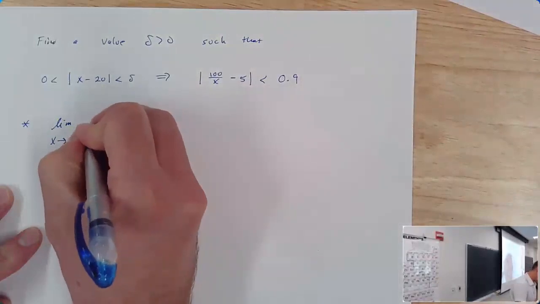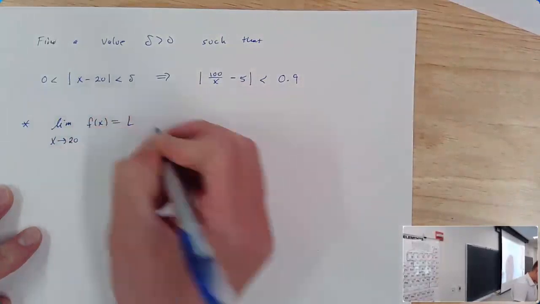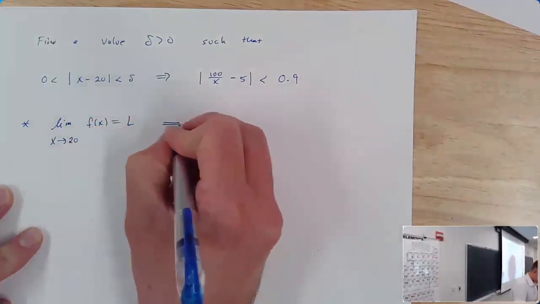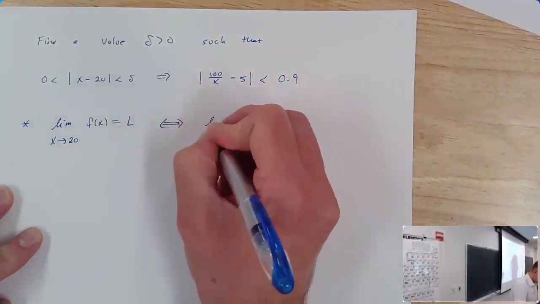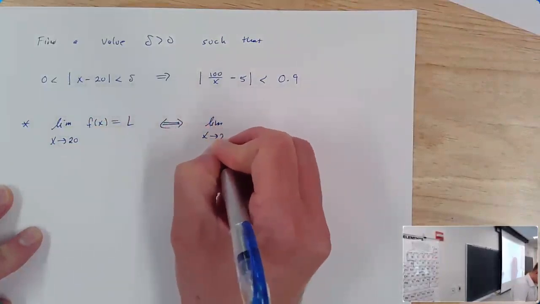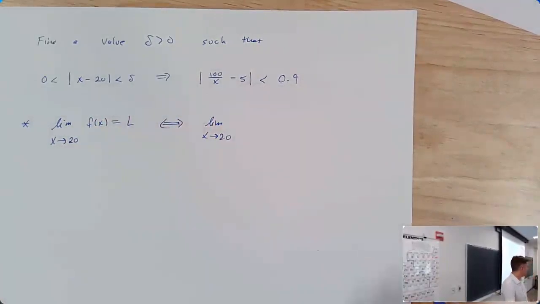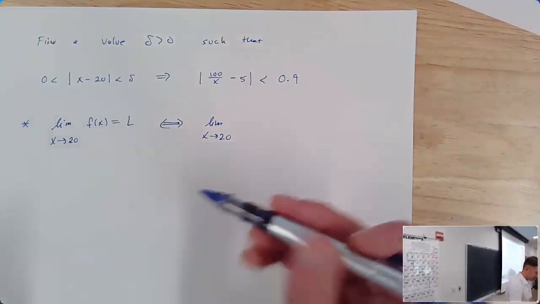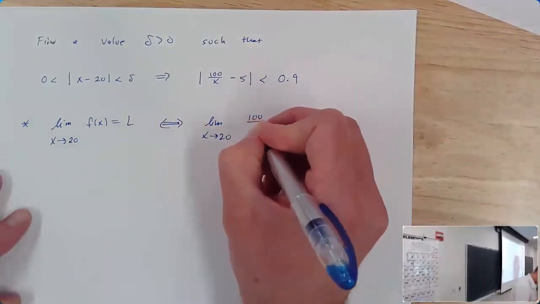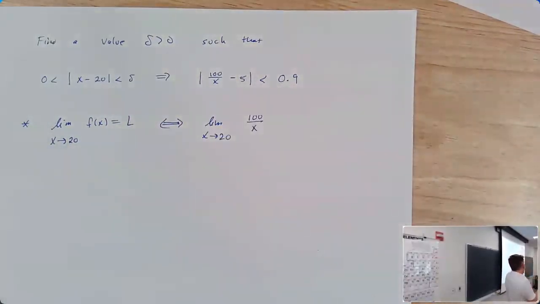Let's write the function. What's the only reasonable candidate for the function? 100 over x. That's the only functional thing we have. If you plug that in, what would that value end up being?